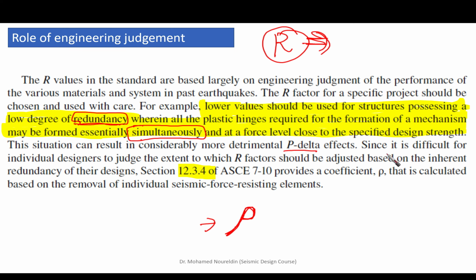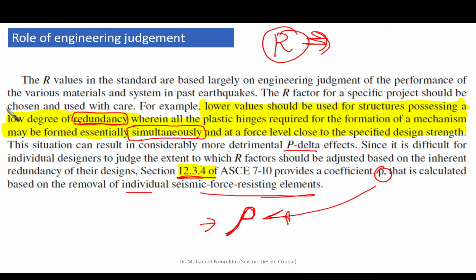Since it is difficult for individual designers to judge the extent to which R factors should be adjusted based on the inherent redundancy of their designs, there is a section in ASCE, section 12.3.4, which provides a coefficient for the redundancy that I was talking about, calculated based on the removal of individual seismic force resisting elements. I'm going to talk about this.